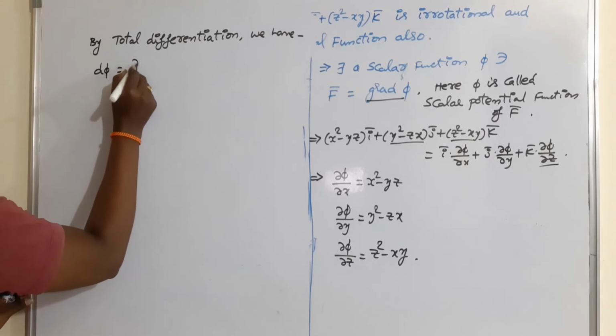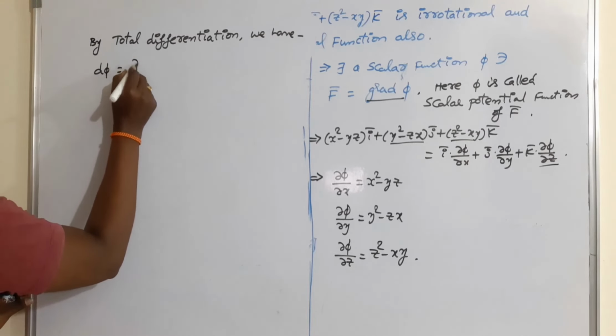Now replace all values. d phi is equal to (x square minus yz) dx plus (y square minus zx) dy plus (z square minus xy) dz. So here we have the value of d phi. For getting the value of phi, you should take the integration on both sides.